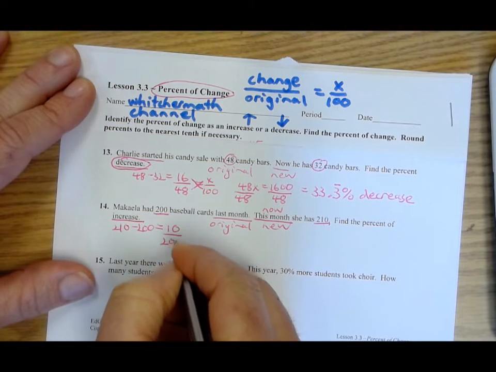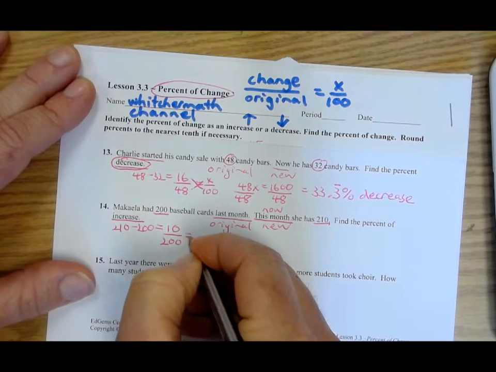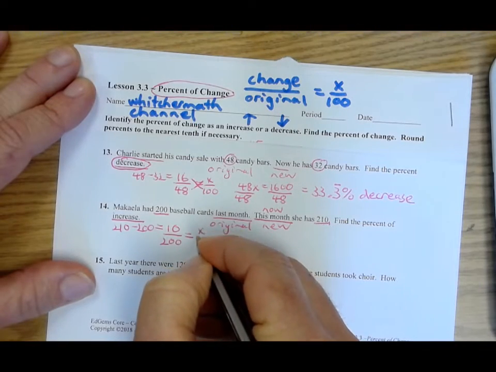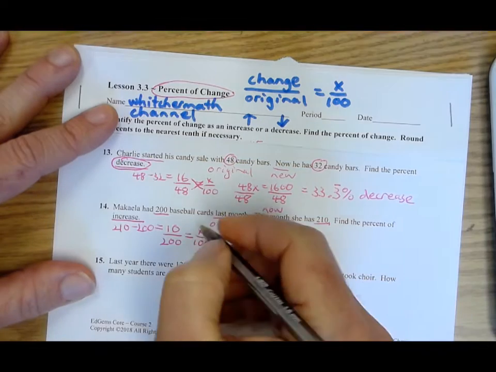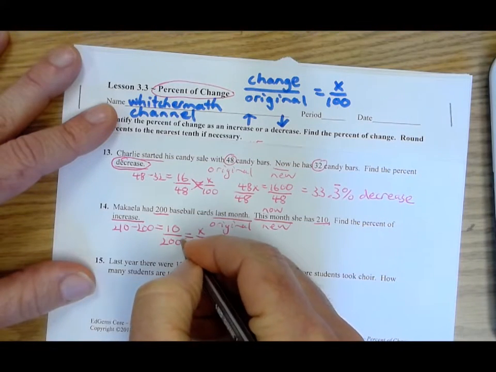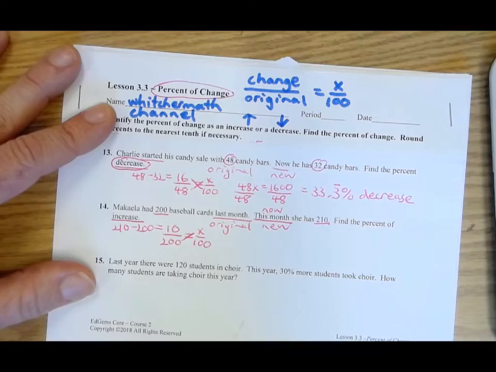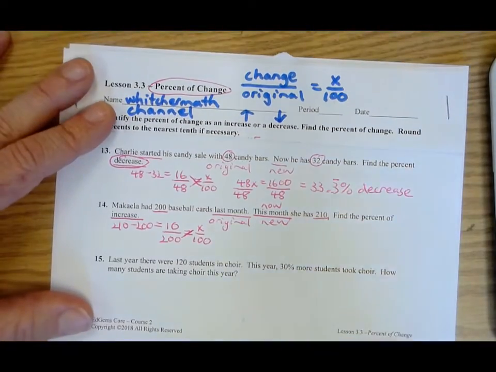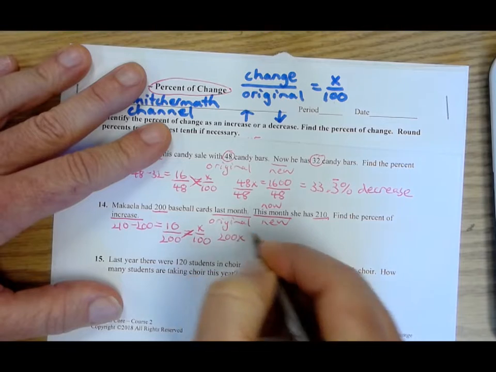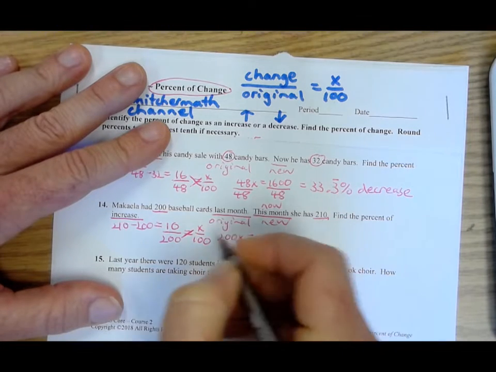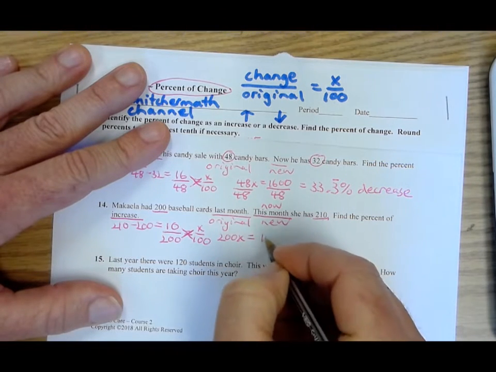200 goes in the denominator. Compare to a percentage. This one seems kind of easy, but let's go through the steps anyway. By going through the steps repetitively, it helps you come up with this automatic way of dealing with a certain type of problem.